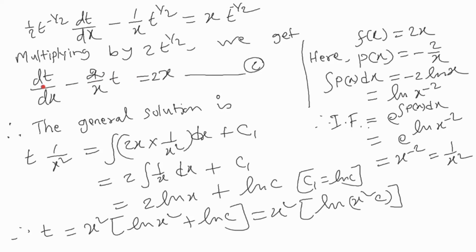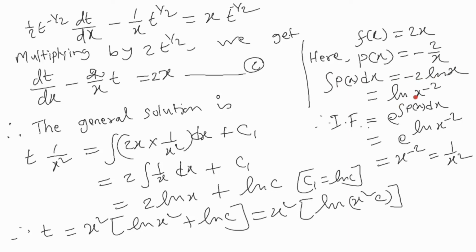Now we can solve this equation by applying the integrating factor method. To apply the integrating factor method, we have to choose p. Here we see that p is equal to minus 2 by x, and the function of x is equal to 2x. So when we integrate this p, we get minus 2 ln x.